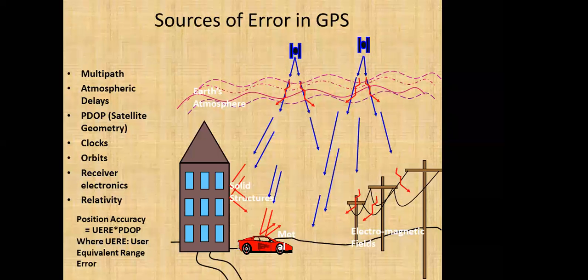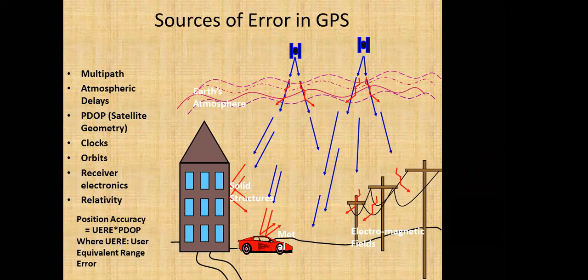Most of the error comes from the ionosphere, because the ionosphere delays the code and advances the carrier. But because we are transmitting two signals on two carriers, a dual frequency receiver can avoid this ionospheric error using a simple linear combination.